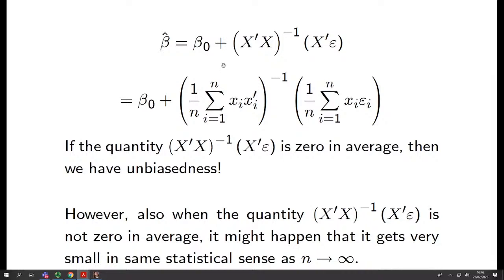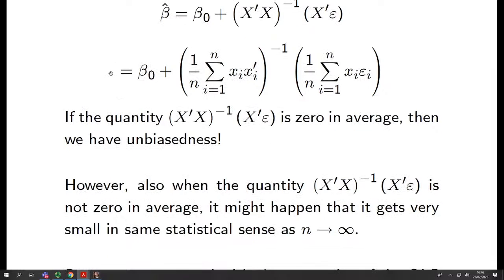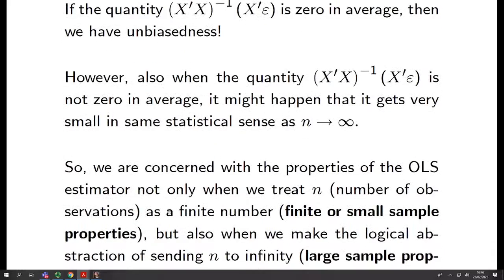The message I'm trying to deliver to you is that we may have a biased estimator in a small sample, but the bias could disappear when we send n to infinity. So we have to study this situation, and be aware of how to deal with it, okay?